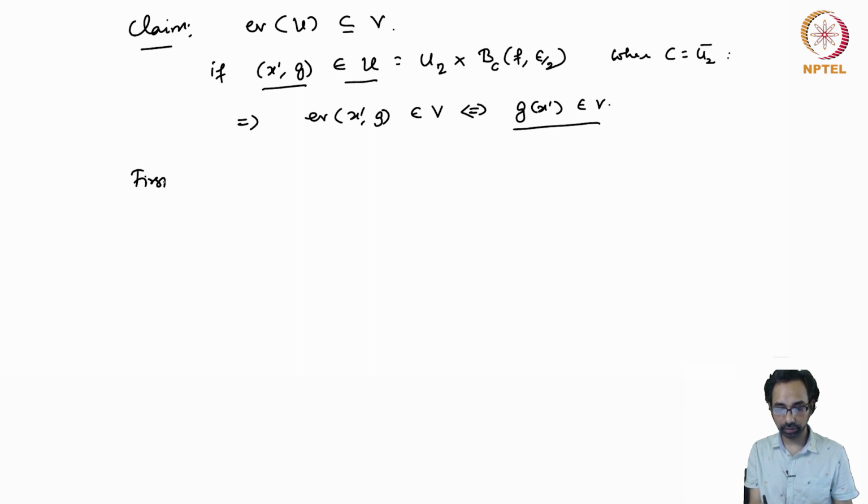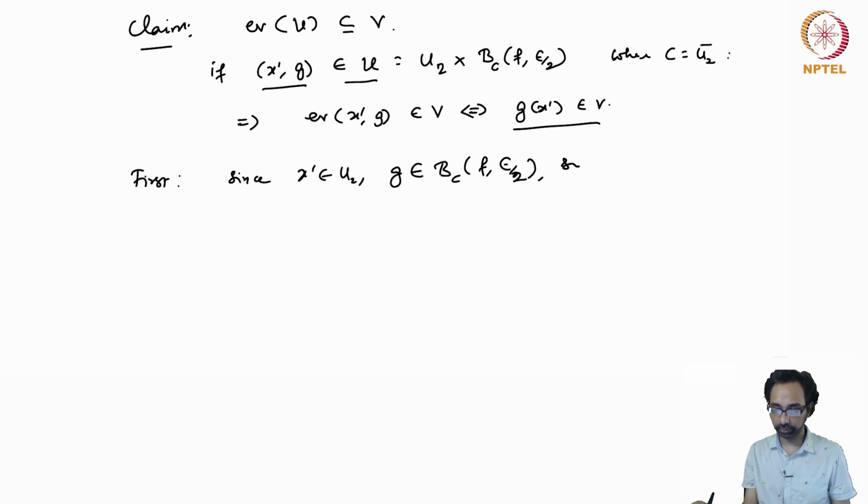First of all, since x prime belongs to U2 and g belongs to B_C(f, epsilon by 2), we have that the supremum over x double prime in C, which is U2 closure, of the distance between f(x double prime) and g(x double prime) is less than epsilon by 2. Here we take x double prime just to distinguish it from the point x prime.